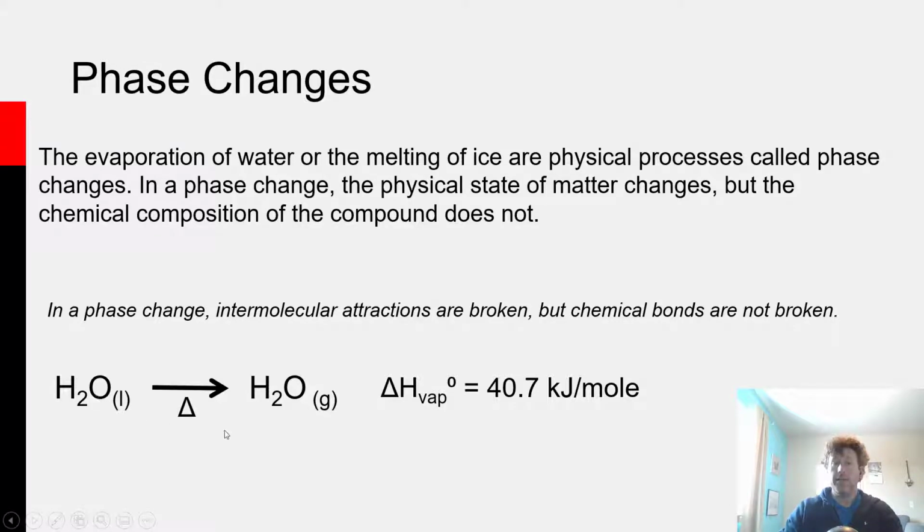Liquid water boiling to form gas phase water can be represented as H2O liquid goes to, in the presence of heat, that's what the delta is for, vapor phase water. We talked a little bit about the enthalpy of phase changes when we were in Chapter 9 talking about thermochemistry, and I mentioned to you that there are enthalpies associated with just the phase change.